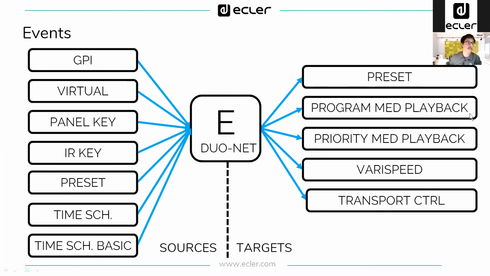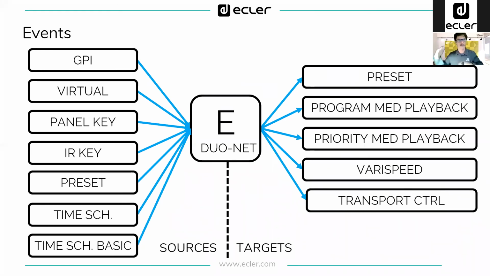So start some file to be playing, or start some priority media playback, which will get the level of the program down and have priority over the program. Afterwards, when the condition of the priority media playback is deactivated, the program media playback will come back.